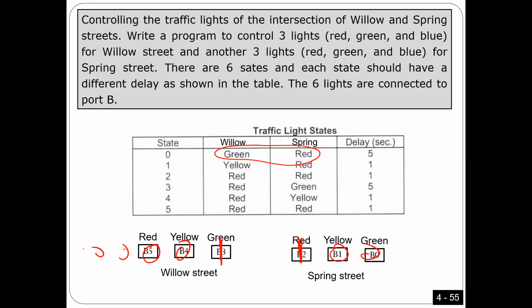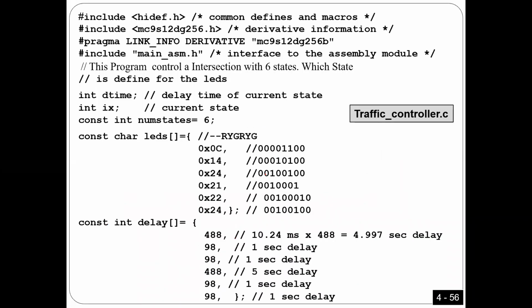So what I did, same thing I can do here, okay? I created an array, as you see here, guys. This is, as I told you, green, yellow, red, green, yellow, red, okay? So as you see here, if I'm in state 0, this is state 0. I just created an array. This array should have the values I have to output to port B in each state, right?